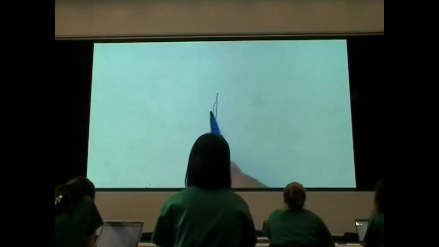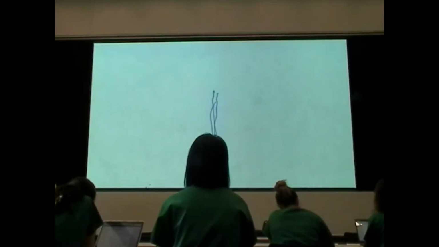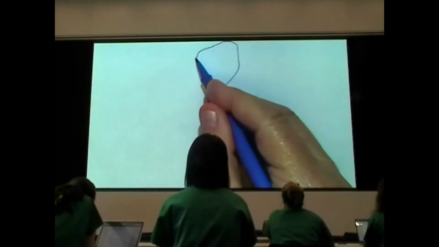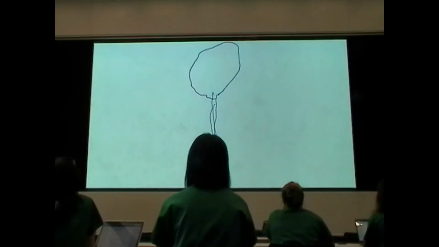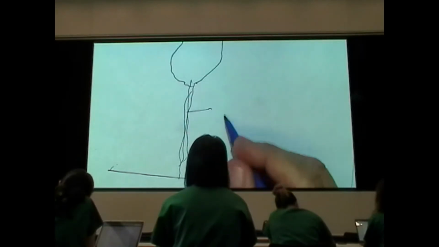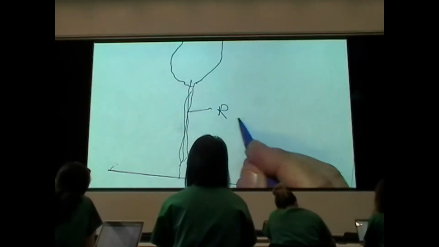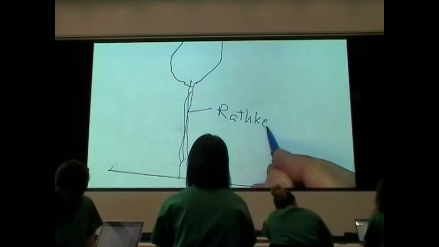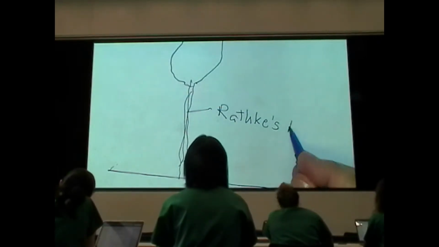A cord of cells invades the overlying connective tissue, and then finally produces a mass of cells. And this ingrowth is called Rathke's pouch.